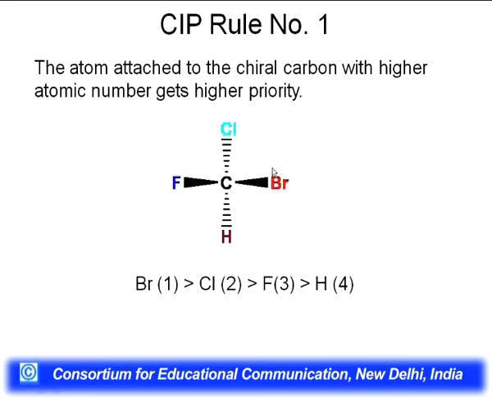So, I am talking about the atoms. By chance I said groups, but you should always remember that you have to look at the atom which is attached to the chiral center. So, in this manner, bromine gets the first priority, chlorine the second, fluorine the third and hydrogen is the least priority group.